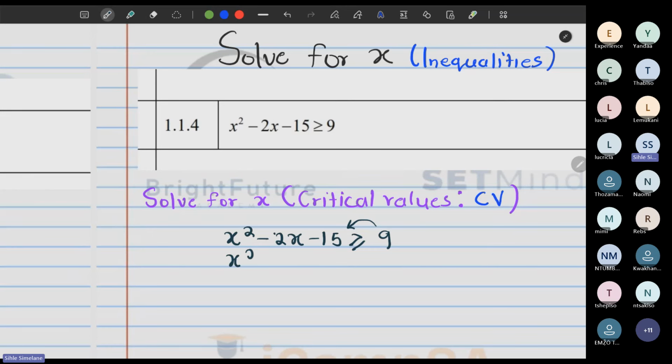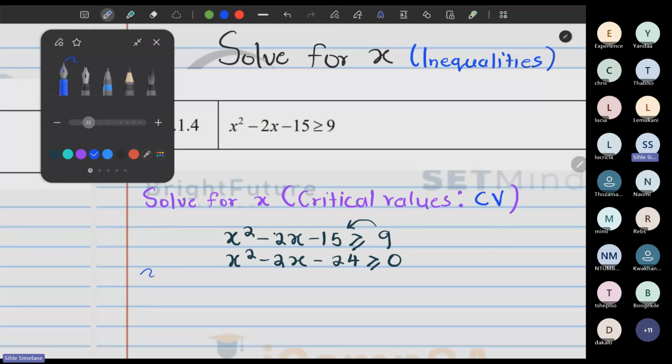So that becomes x squared minus 2x minus 15 minus 9. What is that, guys? It's minus 24. Minus 24. Greater or equal to 0.